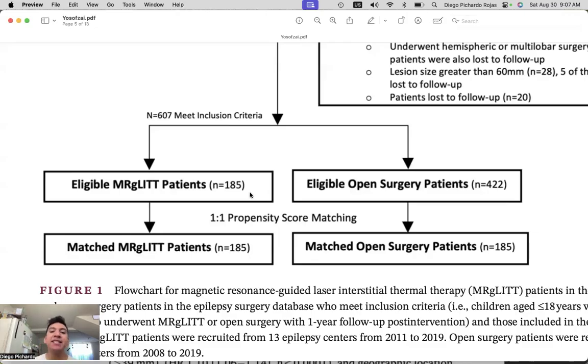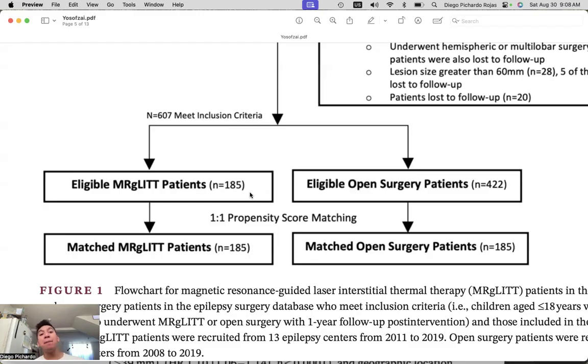But imagine they say, if we have a laser patient that was African American, 30 years old, and had epilepsy of the right side, we're gonna compare that patient's outcome to an equivalent patient in the open surgery group that was also African American, 30 years old, and had right-sided epilepsy. That's basically what we do with all the 185 patients.